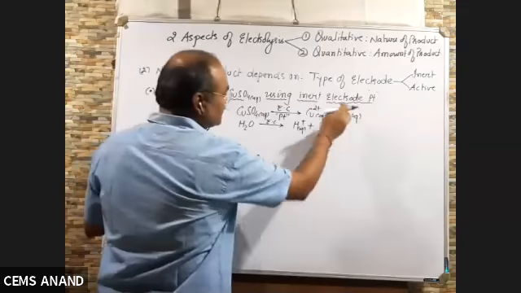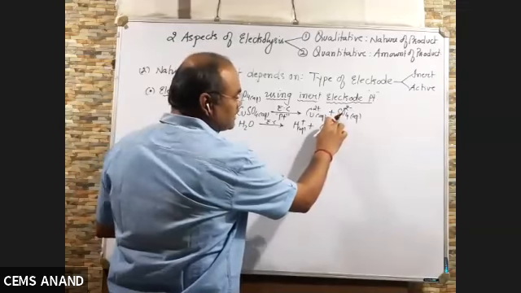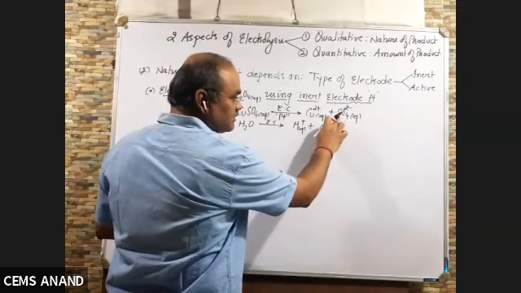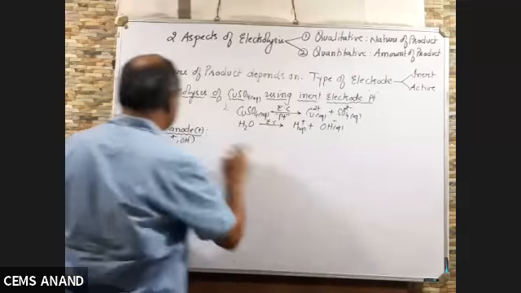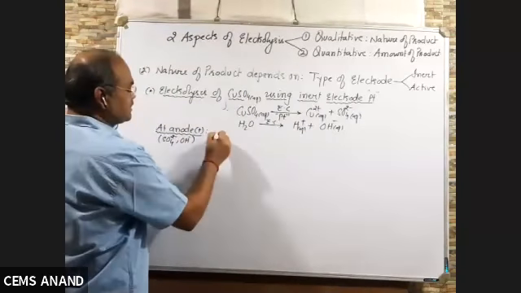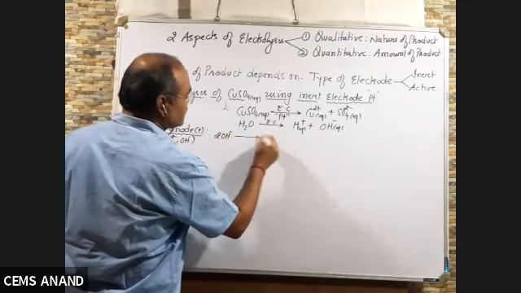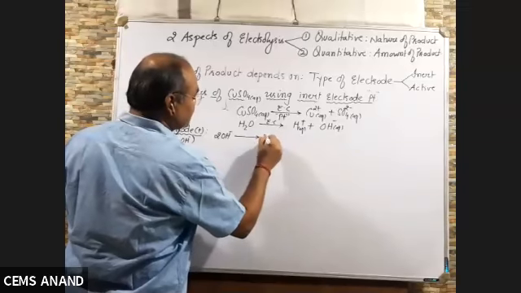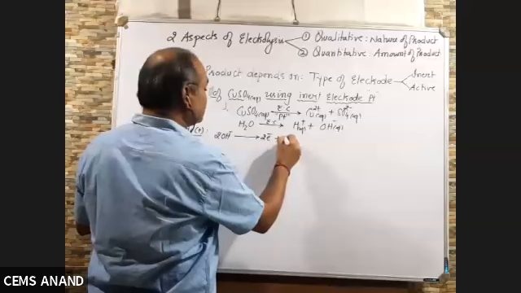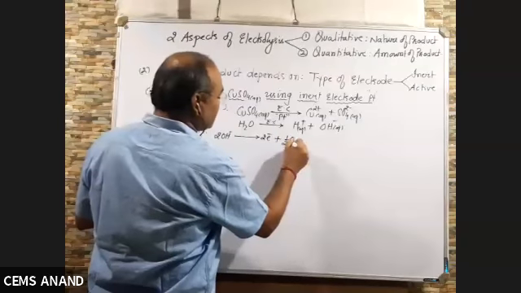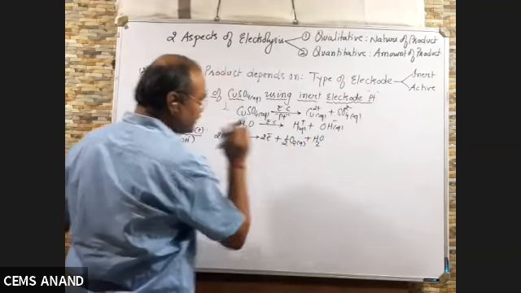Why not SO4 2-? Here overvoltage is not possible. One more point, the oxidation number of sulfur is +6, and you cannot oxidize sulfur further to +8 or +10. So OH- will undergo oxidation, and we know the equation. 2OH- on oxidation loses 2 electrons and is converted to half O2 gas plus water. So this is our product.